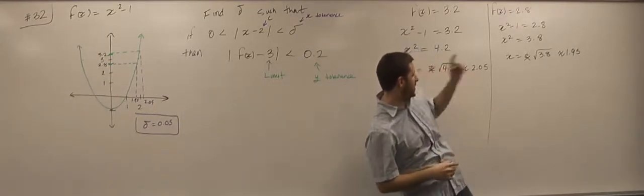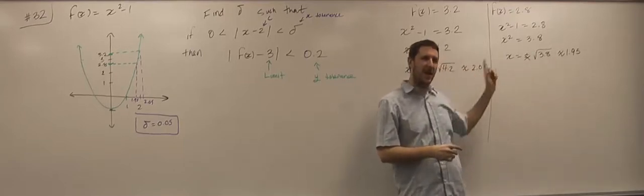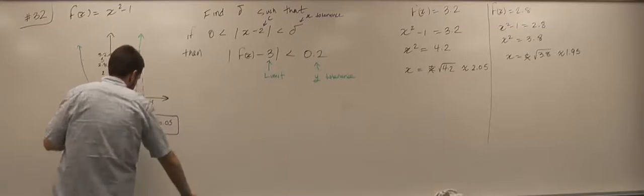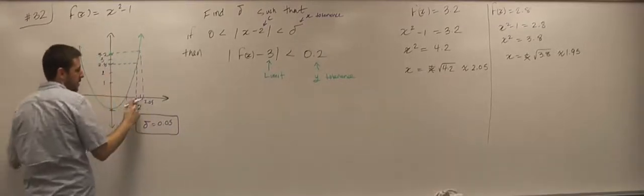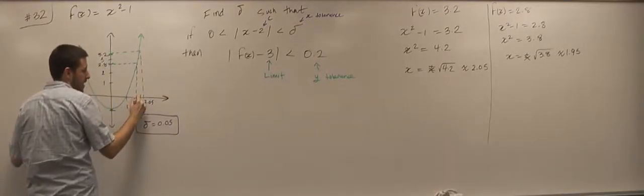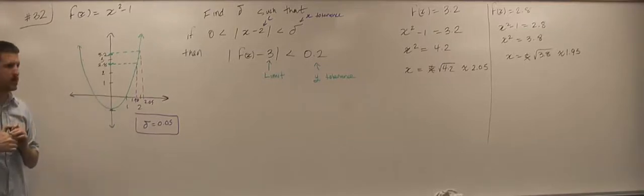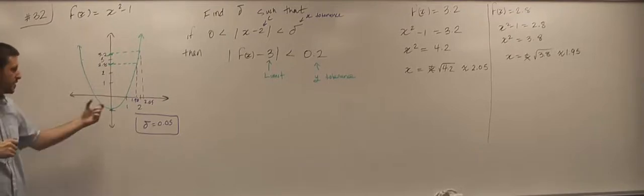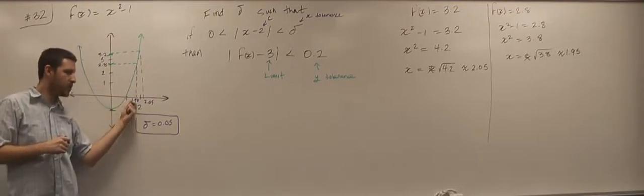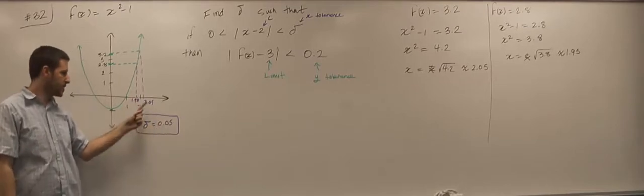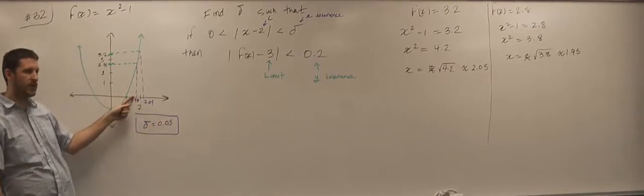It happened to turn out that these are the same. They don't have to be. Because of my rounding they ended up being the same, but what if I would have gotten 1.98 here? What would delta have to be? 0.02. Yeah, if you get 1.98 here, you can't take delta equal to 0.05 anymore, because if you go 0.05 over here, you're going to be outside of that minimum value.